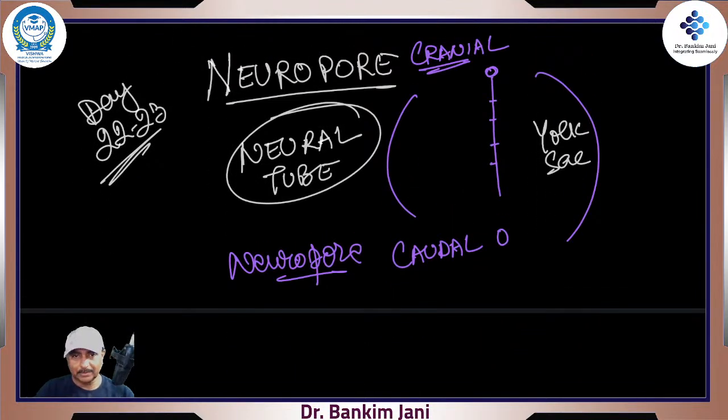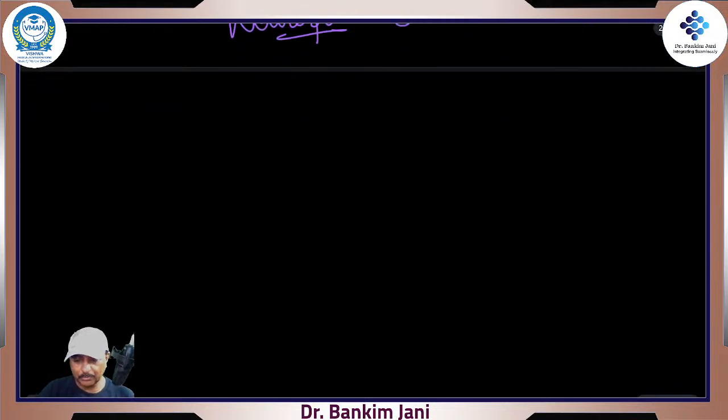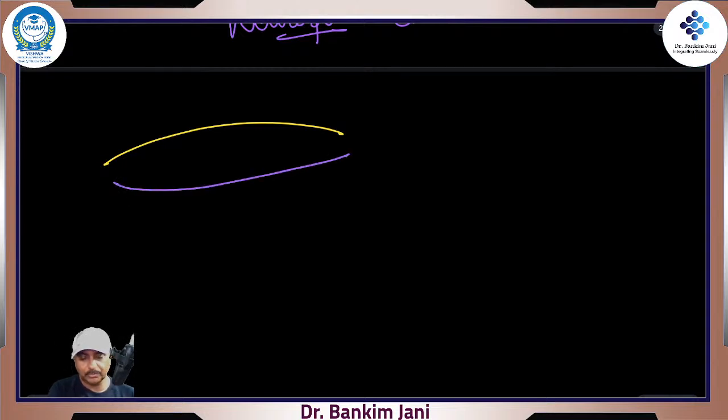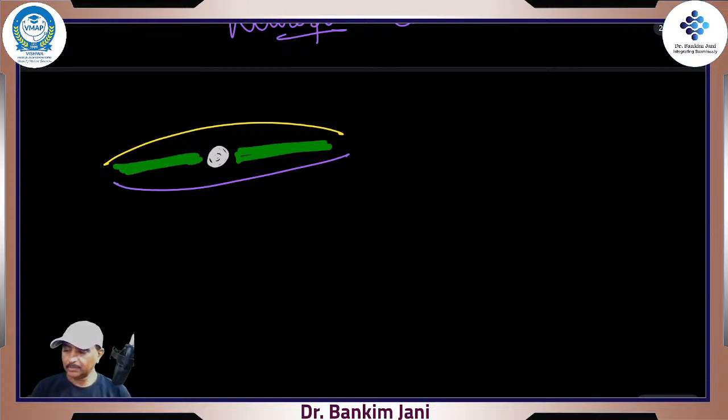Starting with that structure, we'll now be drawing it like this. One, then two. Our notochord is here, so we'll draw it as a solid structure, and surrounding it, this green portion is the mesoderm, right?